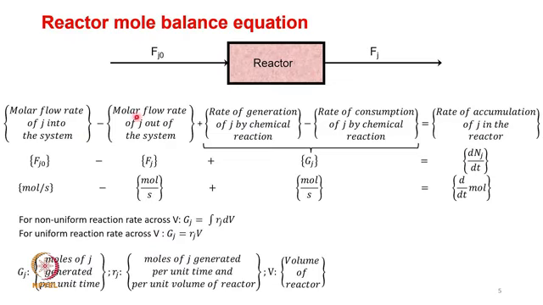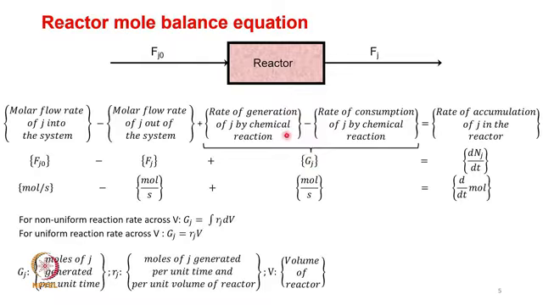Your component is fed in, your component is moved out. As part of the reaction, there may be some generation of that particular compound, and there may be some consumption of that particular compound. The balance of the rates of all of this would be the rate of accumulation of the jth component in the reactor. So let us denote Fj0 as the molar flow rate of J into the system, and Fj as the molar flow rate of J out of the system, and let us combine the generation and consumption terms together as Gj.